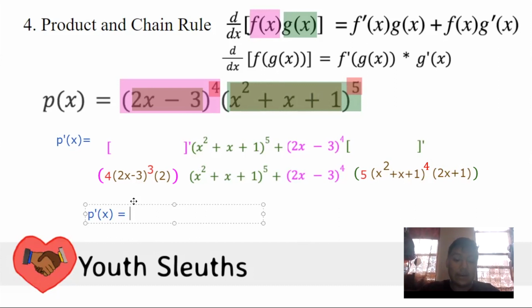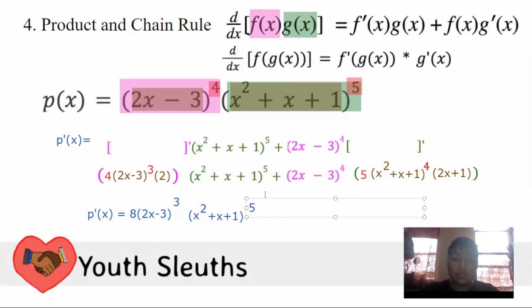So we have 8 being multiplied by 2x minus 3 cubed, and then the x squared plus x plus 1, that remains unchanged. So we keep that the same.